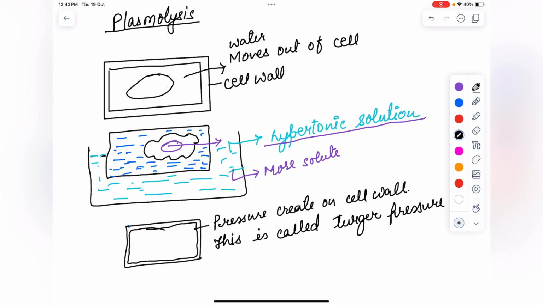And this turgor pressure is responsible for the enlargement and extension of the growth of the cell.